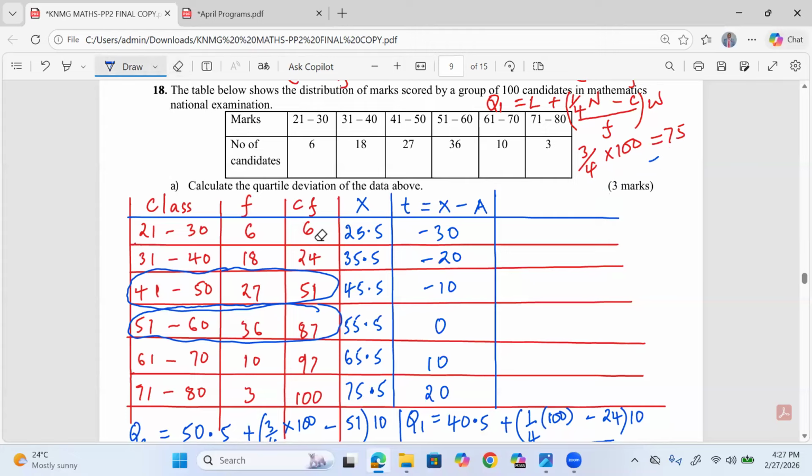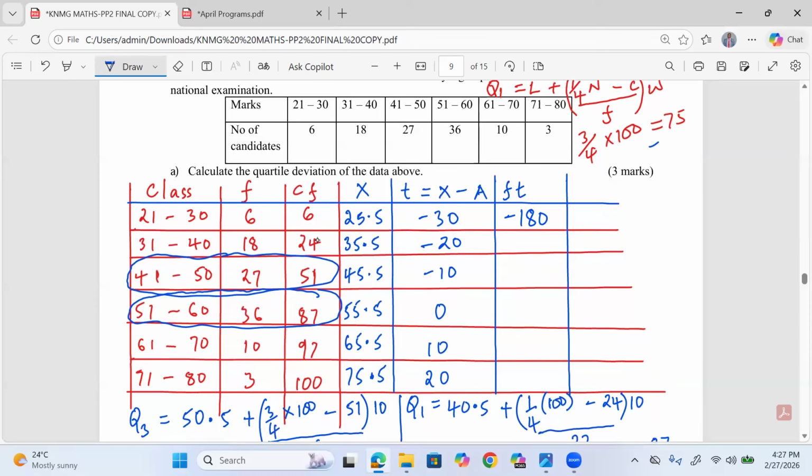For us to get the total deviations, we need each frequency times the respective deviation. So let's work out that. We start with 6 times negative 30. This is negative 180.